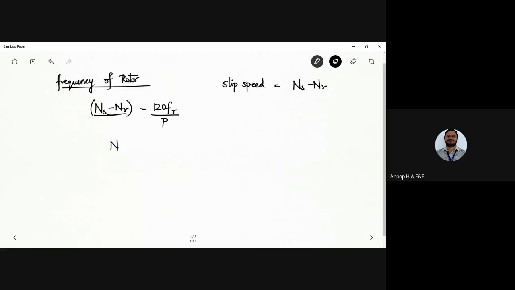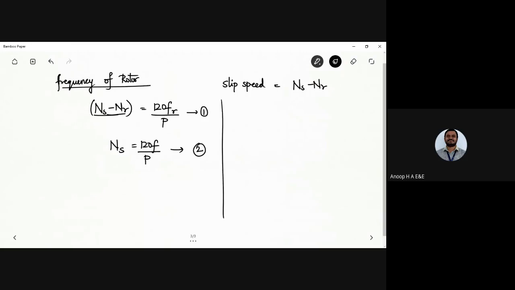Now ns will be equal to 120 times f divided by p. This is the rotating magnetic field speed. So I have equation 1 and equation 2.